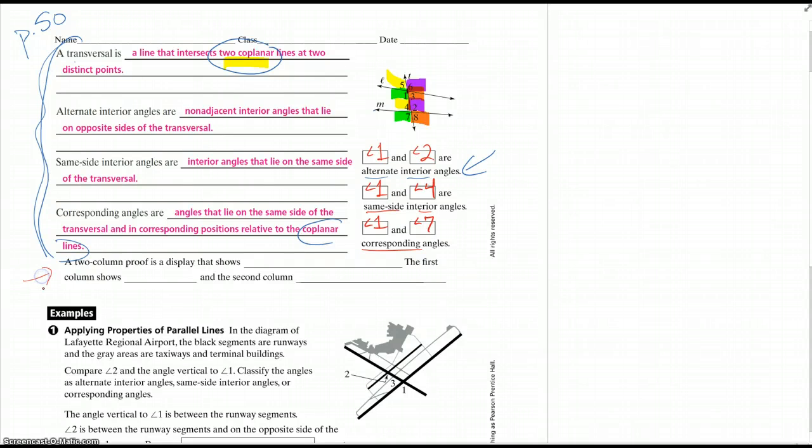So down here, a 2-column proof is a display that shows the steps to prove a theorem. The first column shows the steps. Whoa.